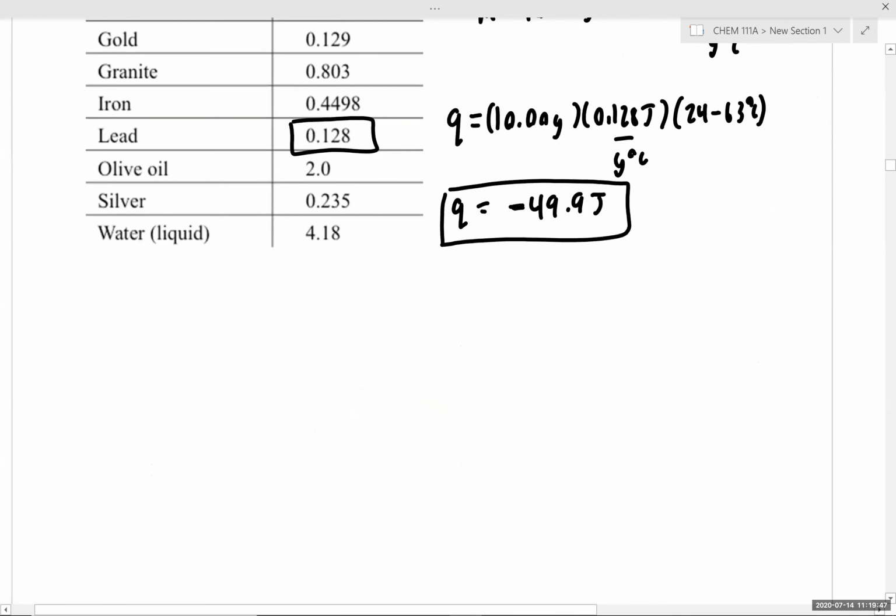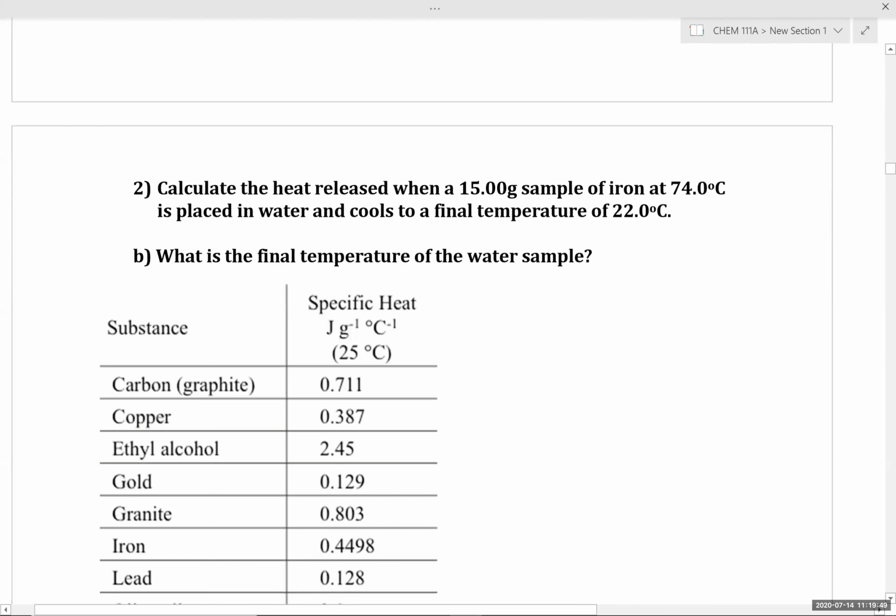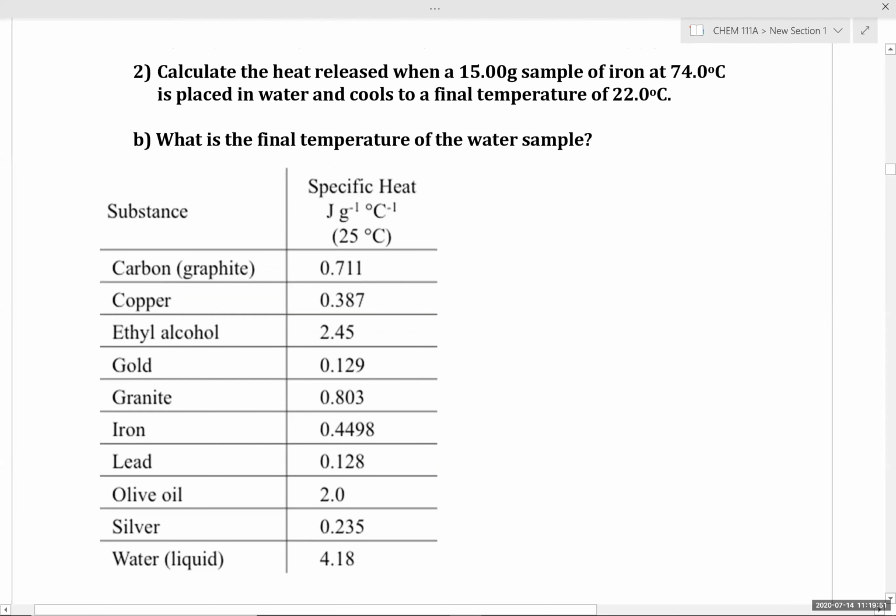So let's now look at another problem, and let's try to calculate the heat released when a 15-gram sample of iron at 74 degrees Celsius is placed in water and cools to a final temperature of 22 degrees Celsius.